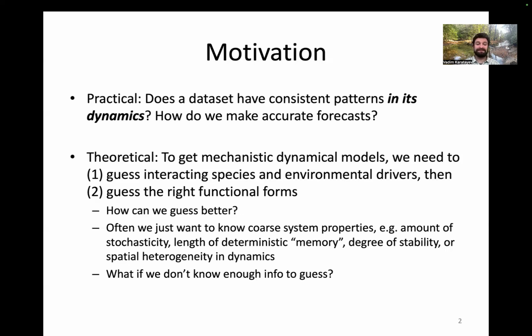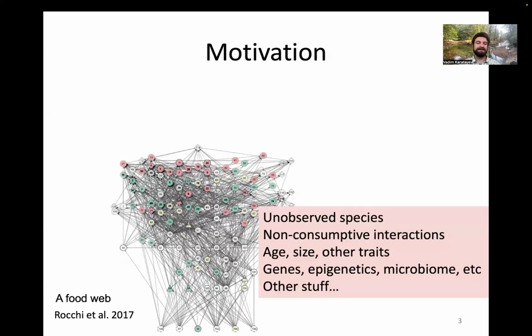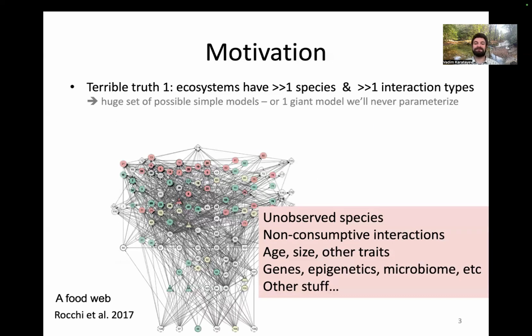And then finally, a lot of the time, we just don't have enough information. We don't know enough about the system to make a guess of what the dynamics are. A lot of the time, we're dealing with ecosystems where we have many, many species and many, many possible interaction types.